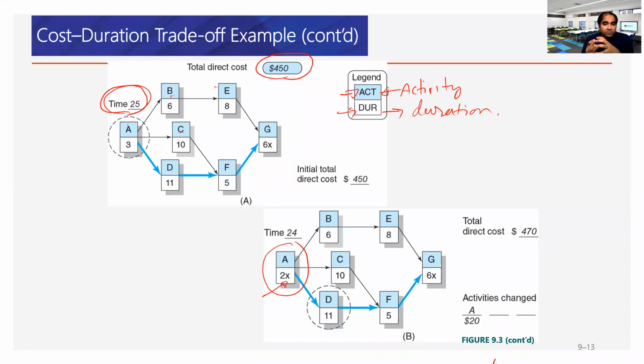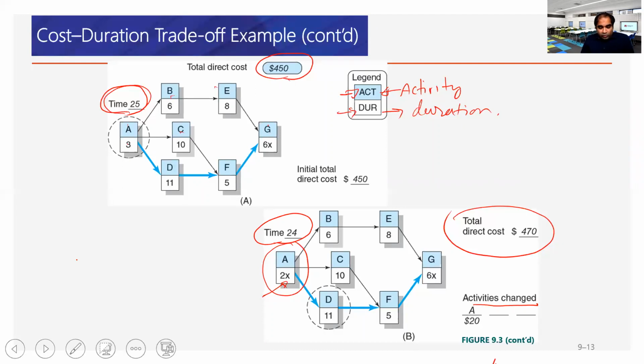Activity A cannot be crashed anymore. The lowest possible duration is 2 days with the additional cost. Now we have the total project cost of 470. Activity A will now finish within 2 days, and the total project duration now reduces down to 24 days. All right, next.